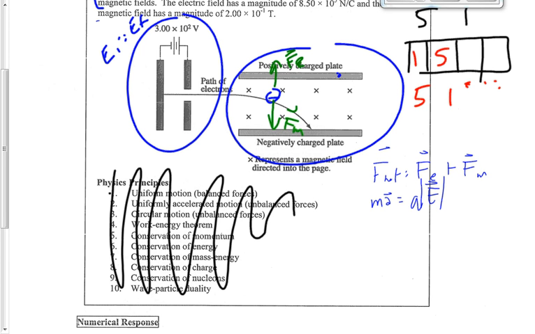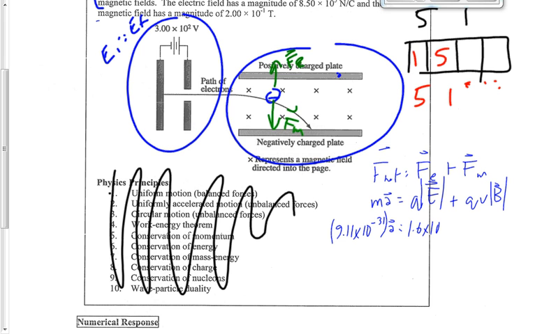Energy, you need these forces. Magnetic force, of course, on the charge. That's the electron. The acceleration.